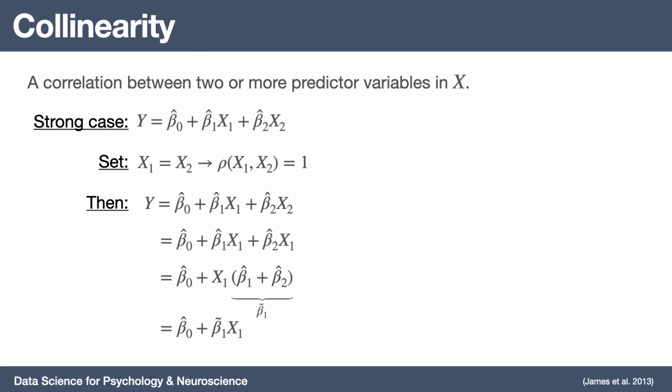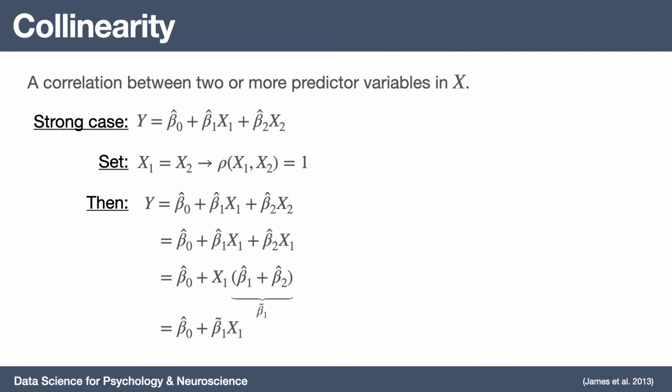Now, this is the extreme case, but you can imagine how this works even with highly correlated variables, like 0.8, 0.9 correlation coefficients. Essentially, what it means is that with increased correlation, those regression coefficients for the correlated variables are splitting their variance. They're sharing variance.